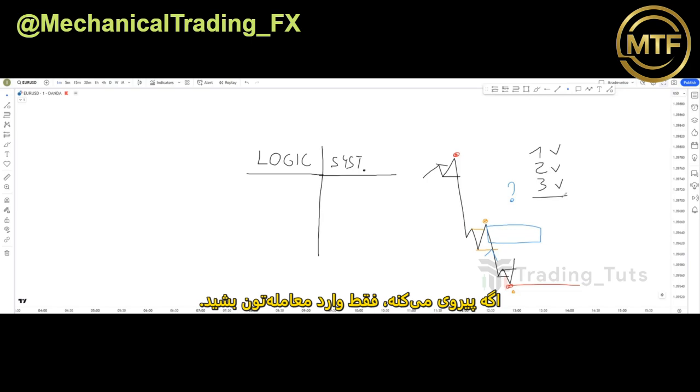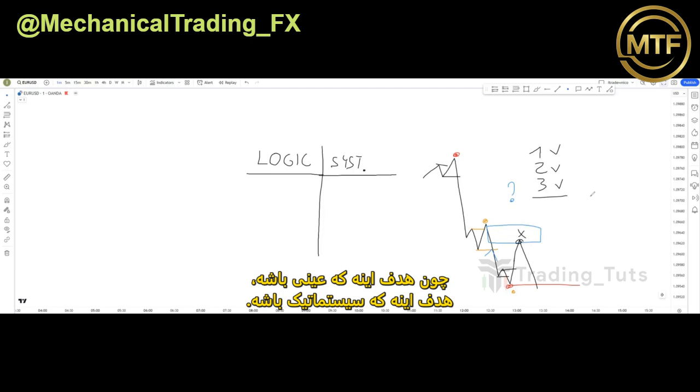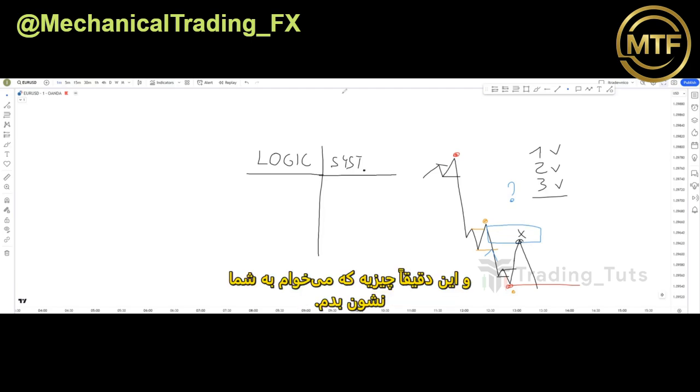If it follows, just enter your trade, place your order, and trust the setups. You cannot overthink once you have a trading plan, because it's meant to be objective, it's meant to be systematical. And that's exactly what I'm about to show you.